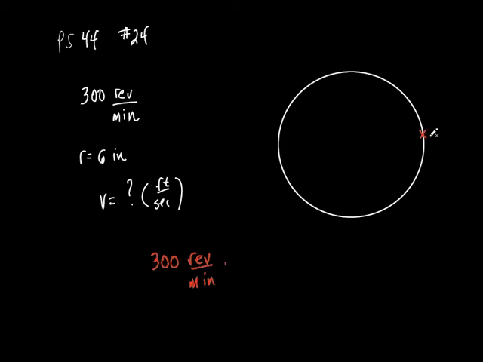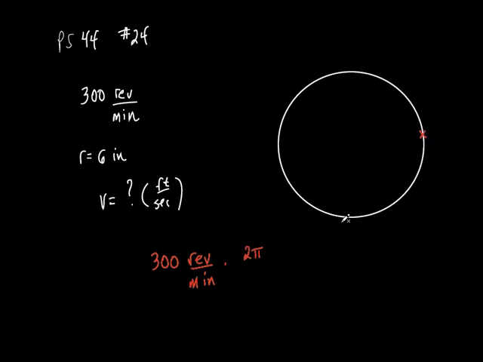So 1 revolution is 2 pi. 2 revolutions would be 2 times 2 pi, right? 10 revolutions would be 10 times 2 pi. 300 revolutions would be what? 300 times 2 pi. Do you see that? So we're changing it into radians. We want to change it from revolutions into radians, so we multiply by 2 pi. Does that make any sense?